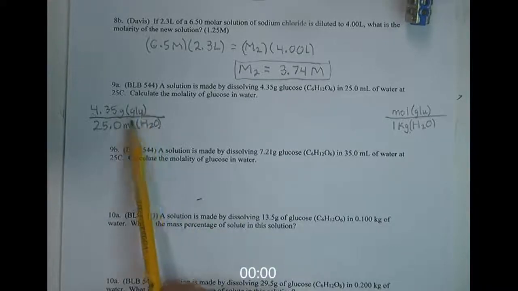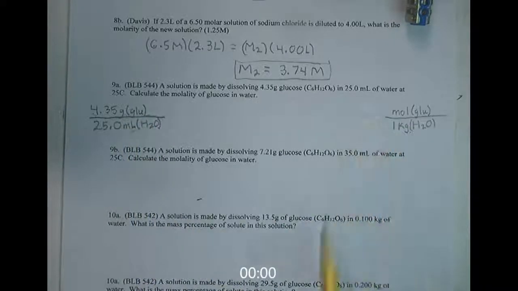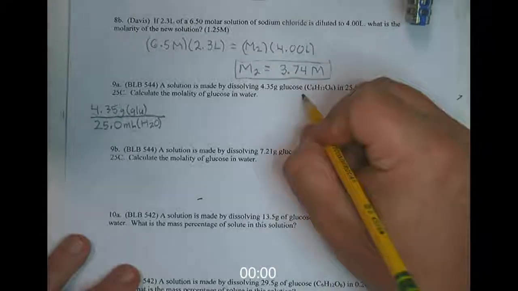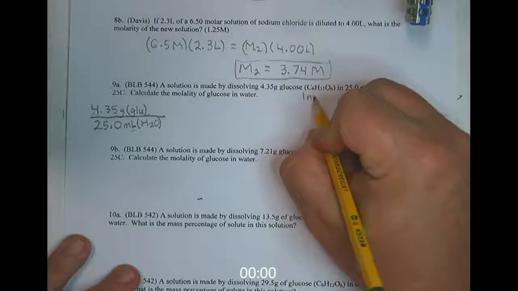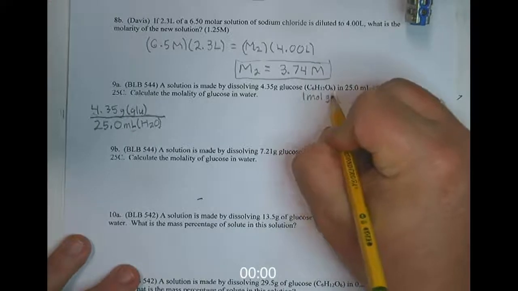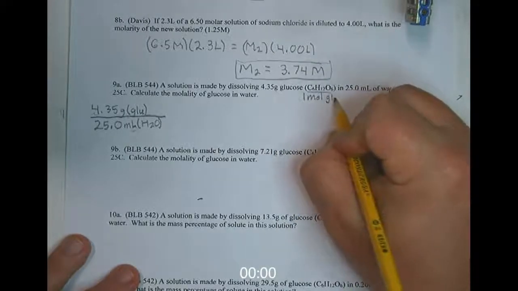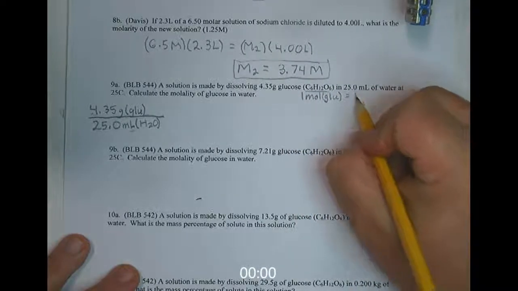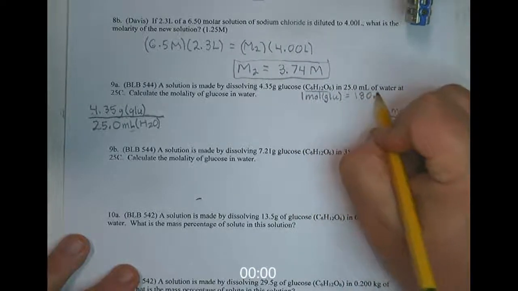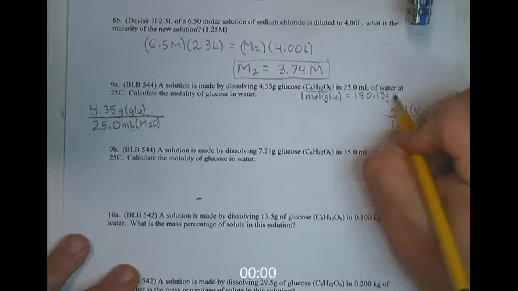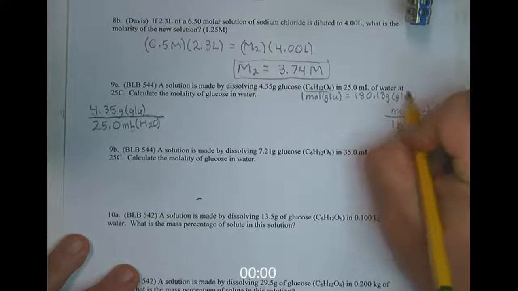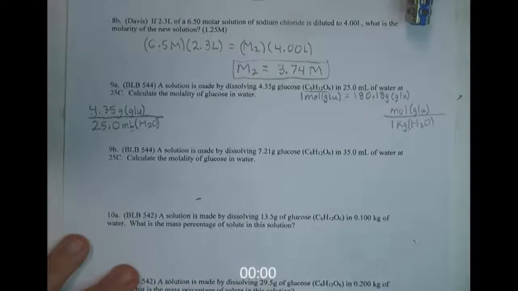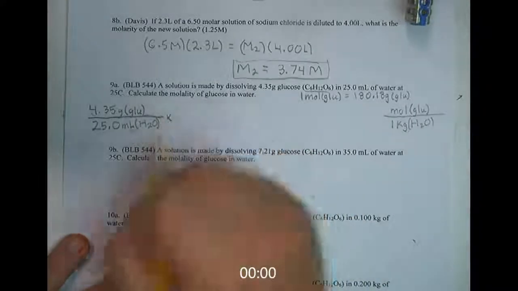Well, first, let's take care of the numerator: grams of glucose to moles of glucose. So let's get our molar mass relationship. 1 mole of glucose, which is this thing up here, equals 180.18 grams of glucose. Let's use that to take care of the numerator.